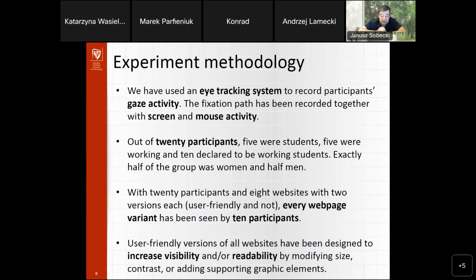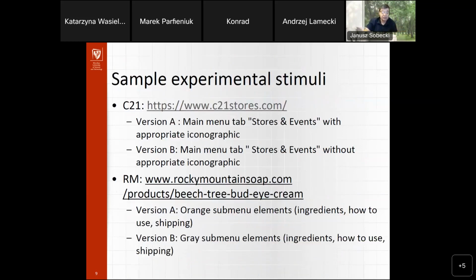Of course, the participant views only one variant of the web page. The user-friendly versions of the websites have been designed to increase visibility and readability by modifying size, contrast, or adding supporting graphic elements. For example, these are two presented web pages.